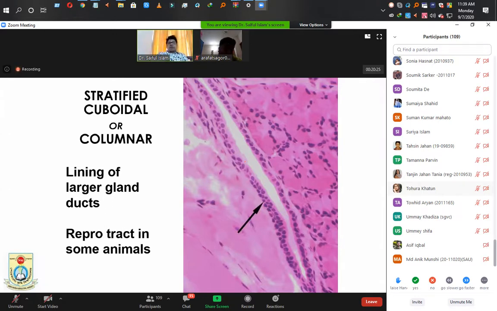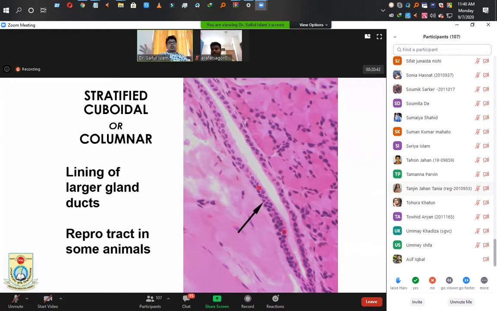So here you can see some stratified cuboidal epithelium. Generally, the duct of a gland, and definitely a gland has a duct, is lined by stratified cuboidal or columnar epithelium.